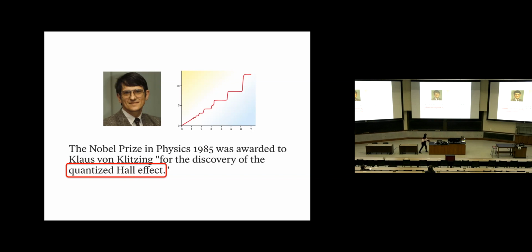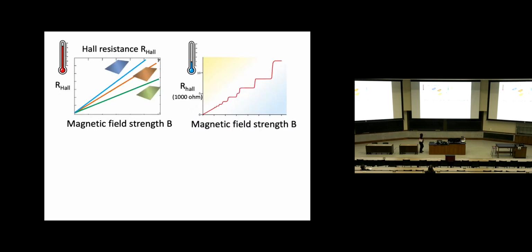Let me first put the two experiments at different temperatures side by side so that we can compare them. Besides the obvious difference that one grows linearly and the other has steps, another difference I want to emphasize is that, remember, the growing rate depends on material.